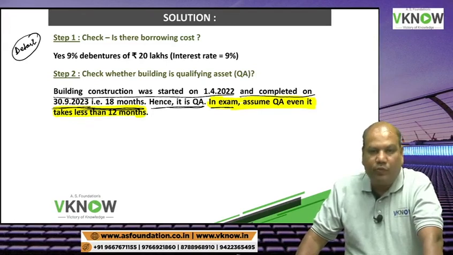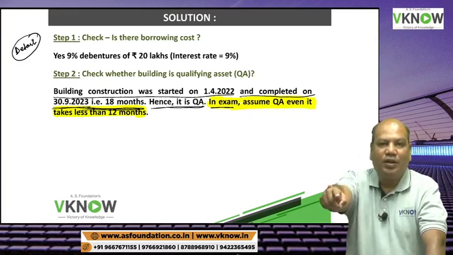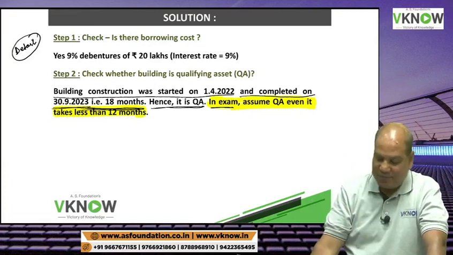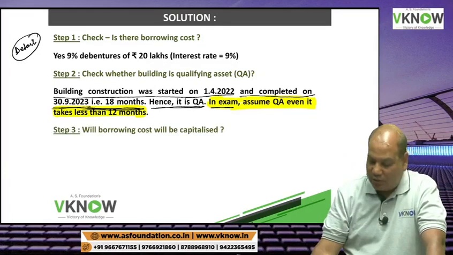So when a question of this nature appears, and suppose the work gets completed in 9 months or 8 months or 10 months, the student will assume qualifying asset. Okay. But in this question, no problem because it is 18 months.